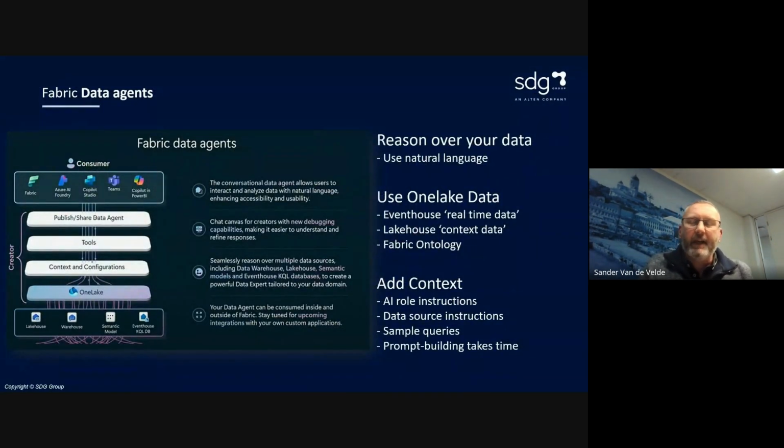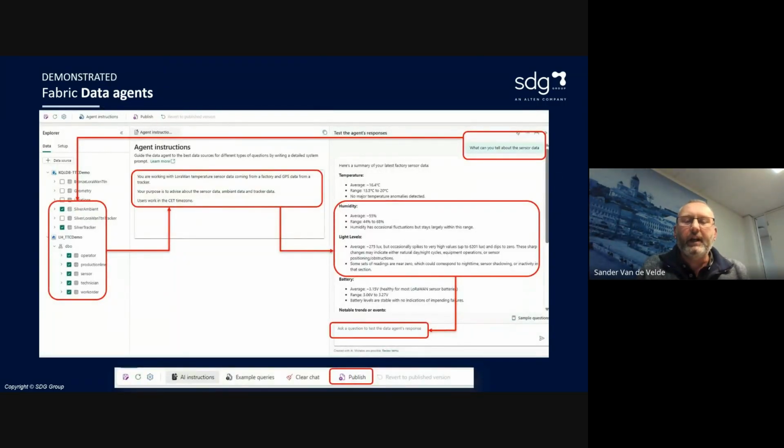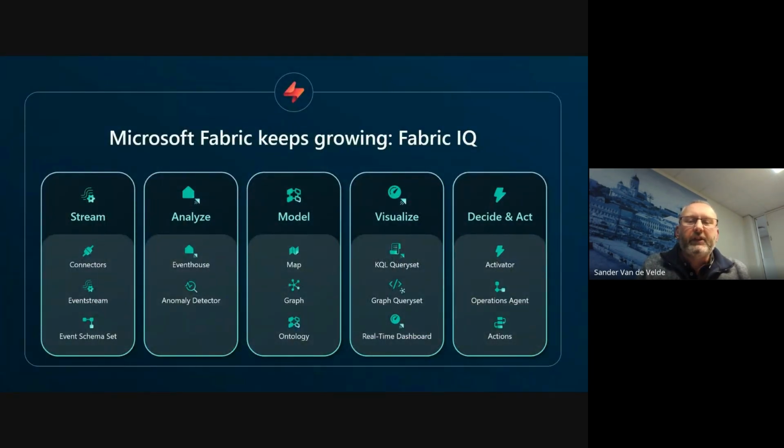So this makes Fabric very powerful. Even people without any knowledge about telemetry, they can start reasoning about it. So we've seen how this is all connected together. But this is not where it stops.